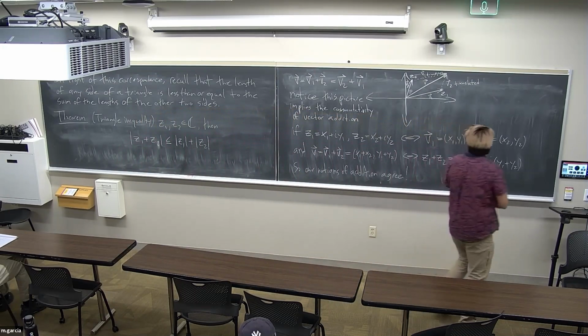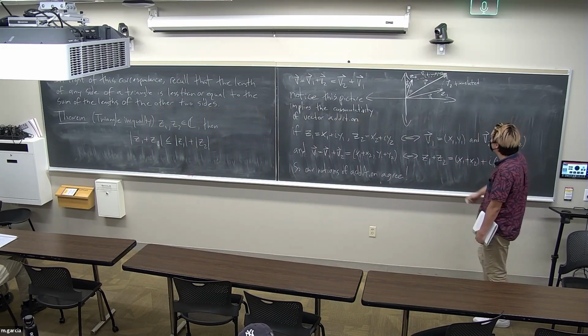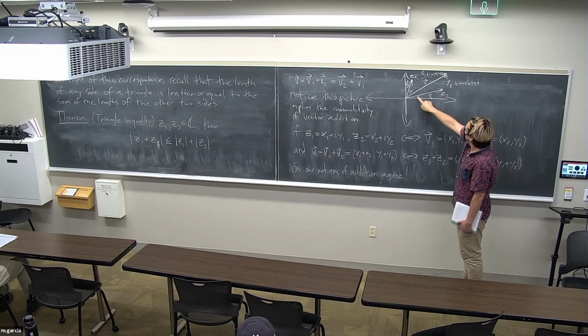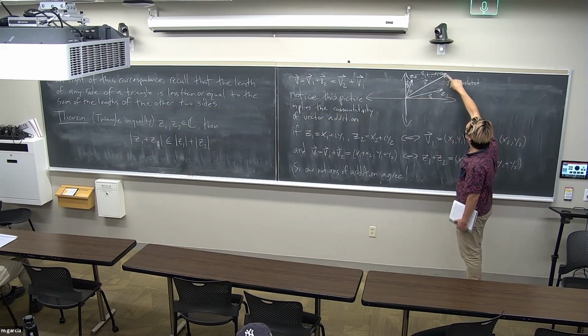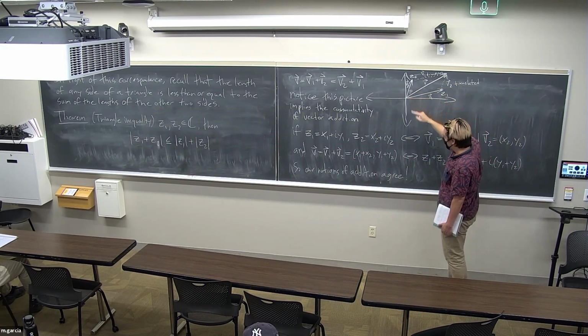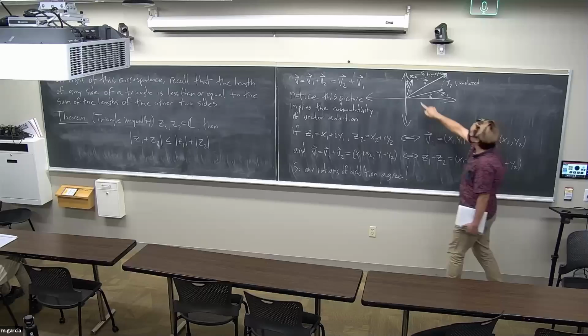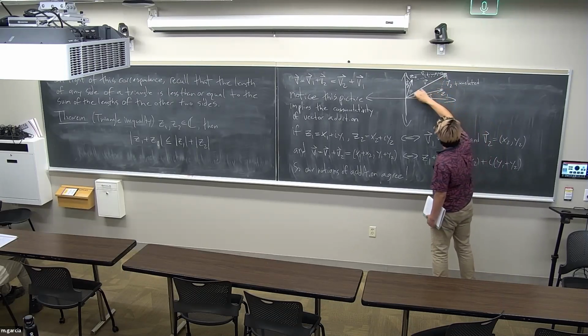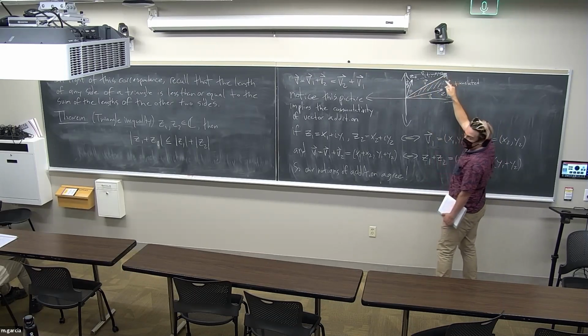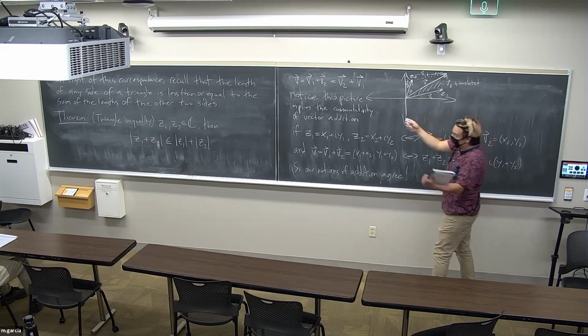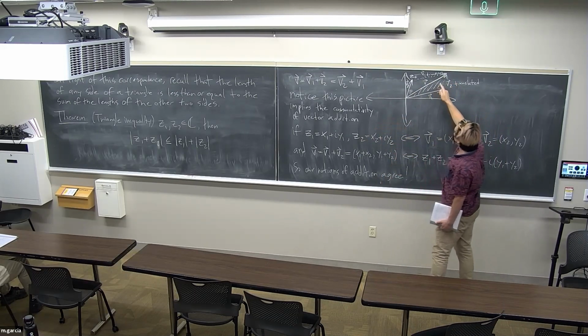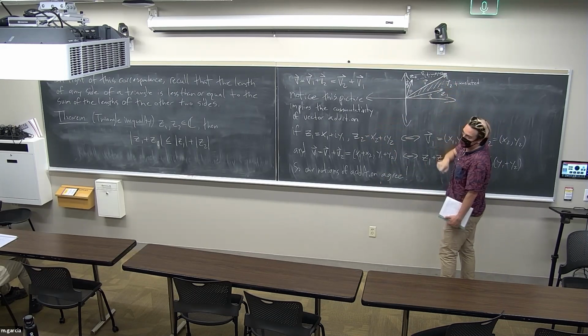Right? That is to say, the modulus of z1 is the length of v1 in our diagram here. And the modulus of z2 is the length of v2. And the modulus of the sum of v1 and v2 is the modulus of z1 plus z2. So this leg of this triangle has modulus z1 plus z2, and it must be less than or equal to the sum of the lengths of the other two legs of this triangle.